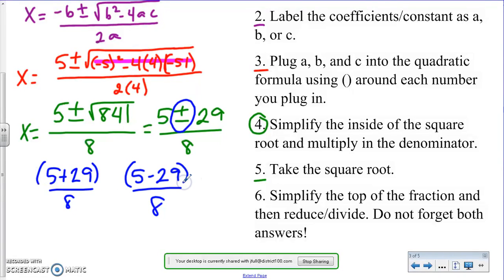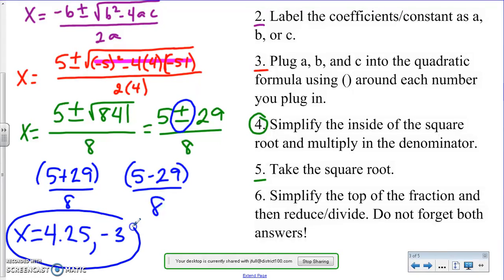Just make sure you put parentheses around the top, or the numerator, because if you don't, you're going to get the wrong answer. So, if you type that in with parentheses, 5 plus 29 over 8, you get 4.25. So that's our first answer. If you type the second one in, 5 minus 29 over 8, you get negative 3. Those are our 2 answers.